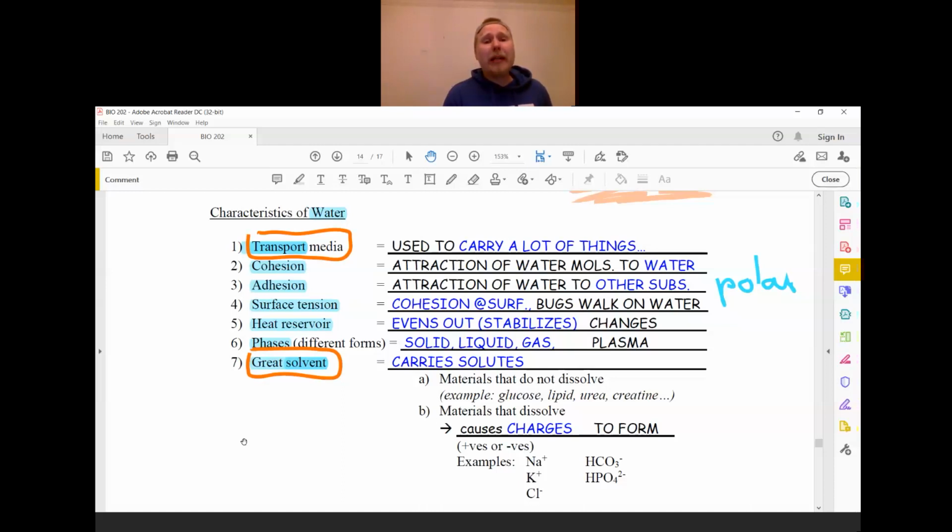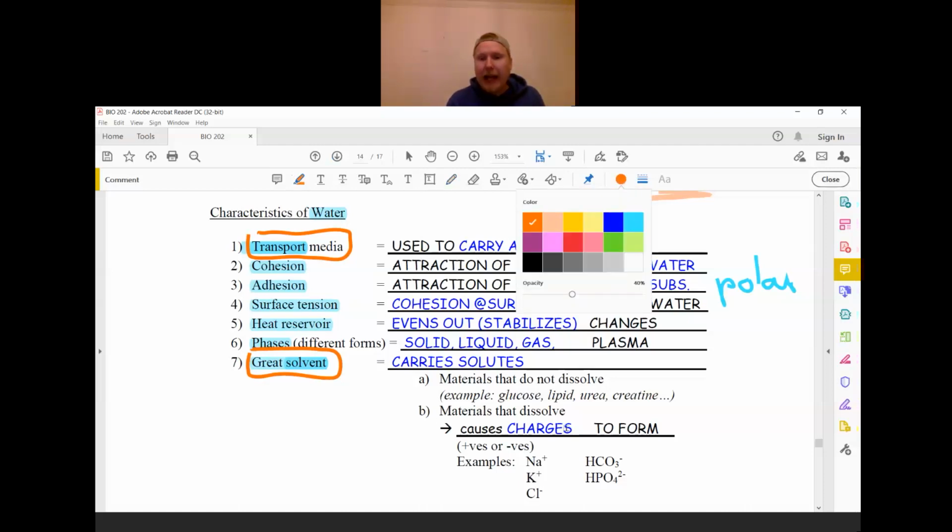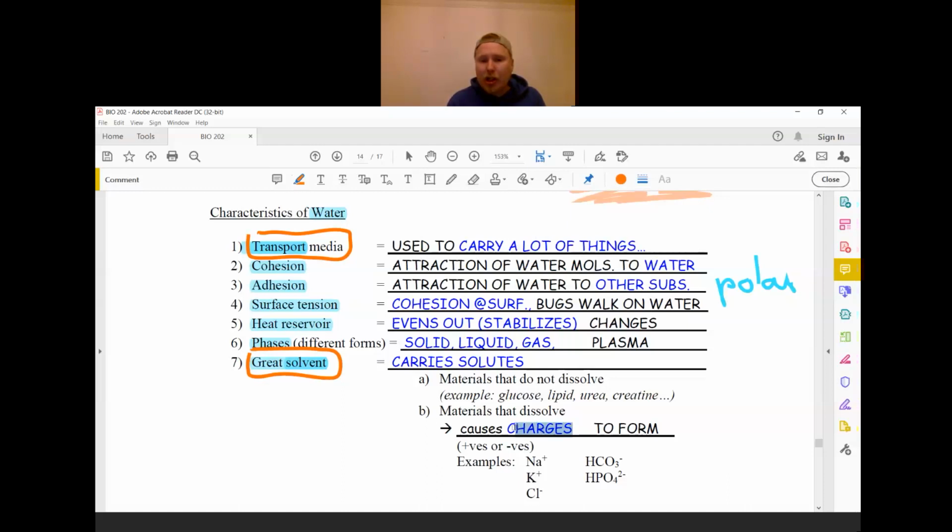Well, when we look at the characteristics of water, there is going to be a bunch of solutes that don't dissolve to the water, such as glucose, lipids, urea, and creatine. These are not so much of an interest to us. We are most importantly interested about the solutes, which when they dissolve to water, they end up with charges forming.